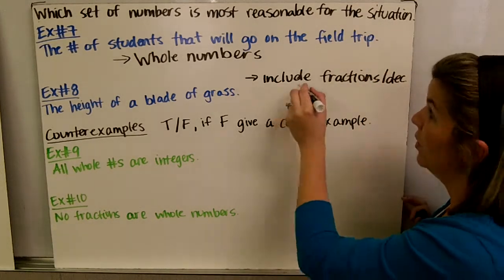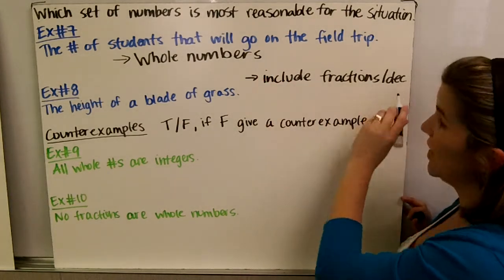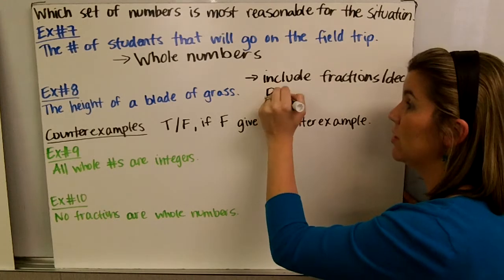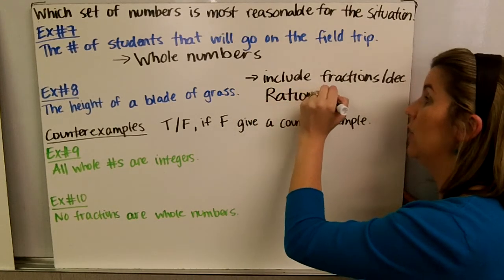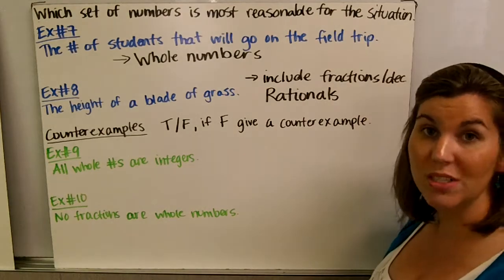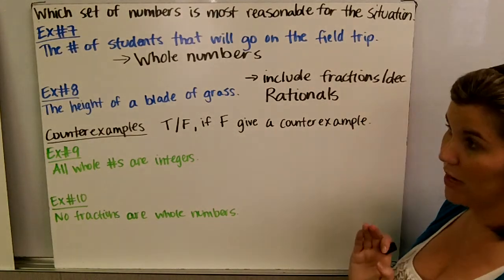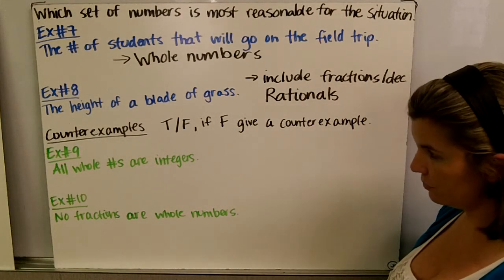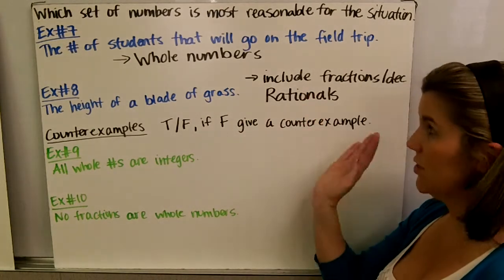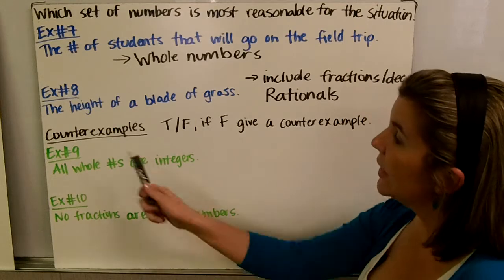So, which type of number includes fractions and decimals? You have to think more generally. Rationals include fractions and decimals. Integers, whole numbers, and natural numbers do not include fractions or decimals. And the opposite of rational is irrational, so that can't be true.